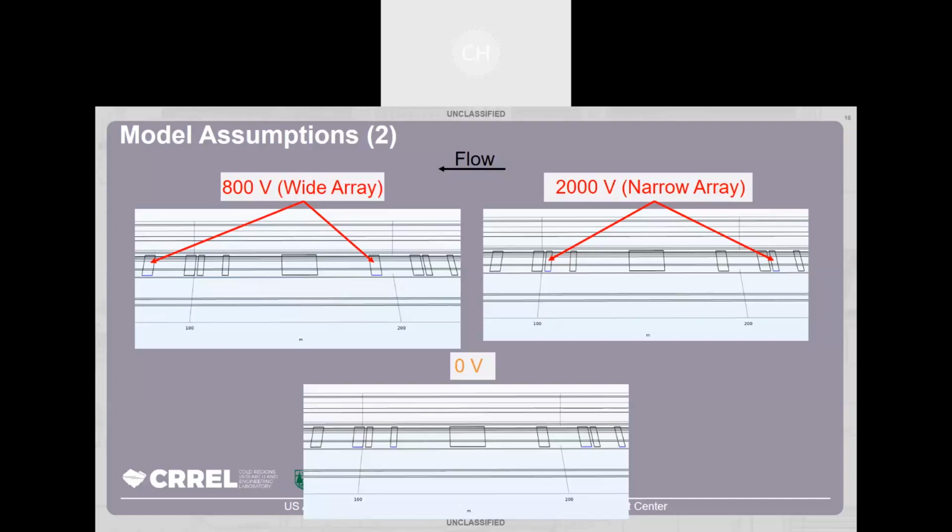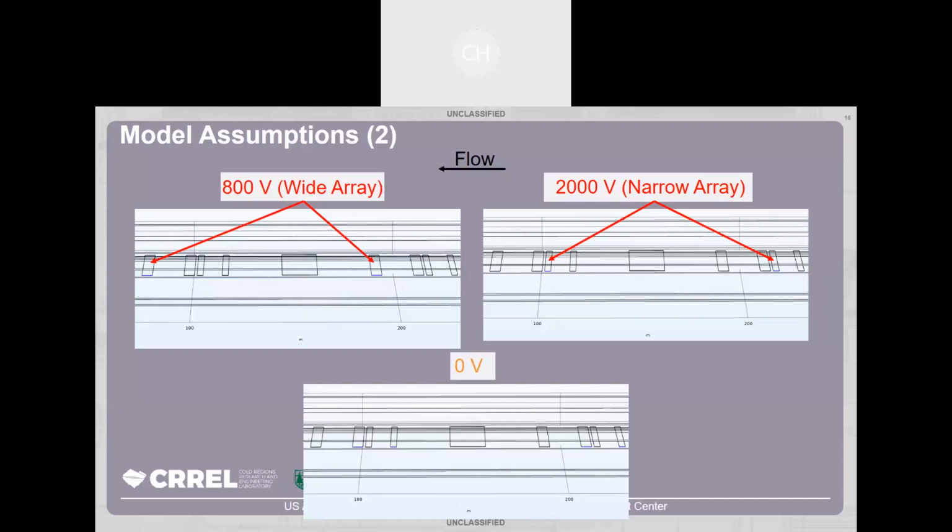So the wider the array gets, the larger the area is, the physically wider the electric field is. However, you're increasing the total area within those electrodes, and so the amount of energy to raise those goes up.